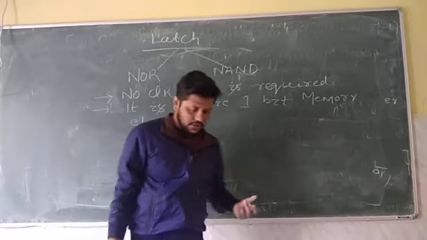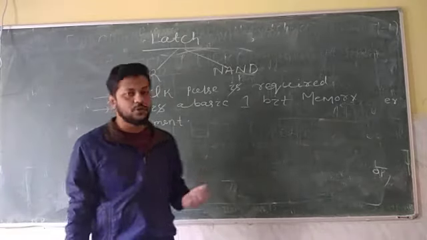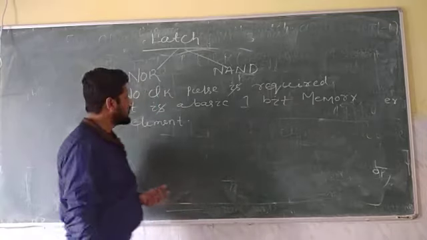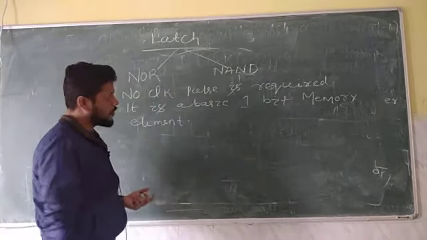Actually this is not in your syllabus, but in order to understand the flip flop circuit, you must understand this latch circuit first. So here no clock pulse is required.